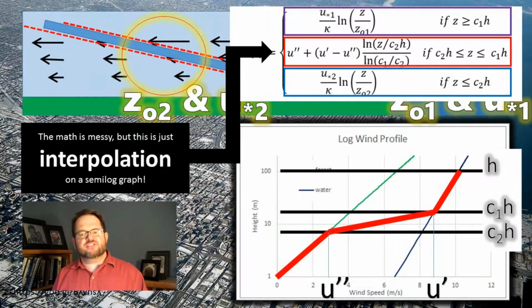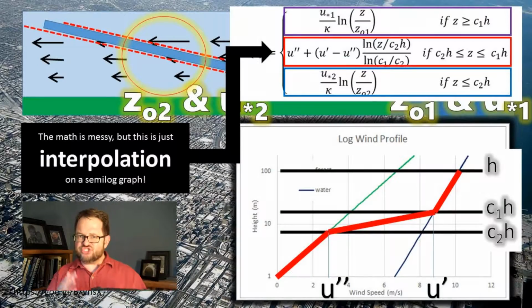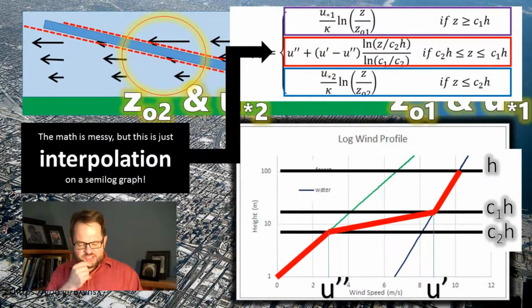The rest of this, though, might look familiar depending on what classes you've had in physics or atmospheric science. That's just interpolation. That's just blending a value from the top to the bottom of a layer. In this case it's done in semilog coordinates and so on, but this is actually not so horrible.